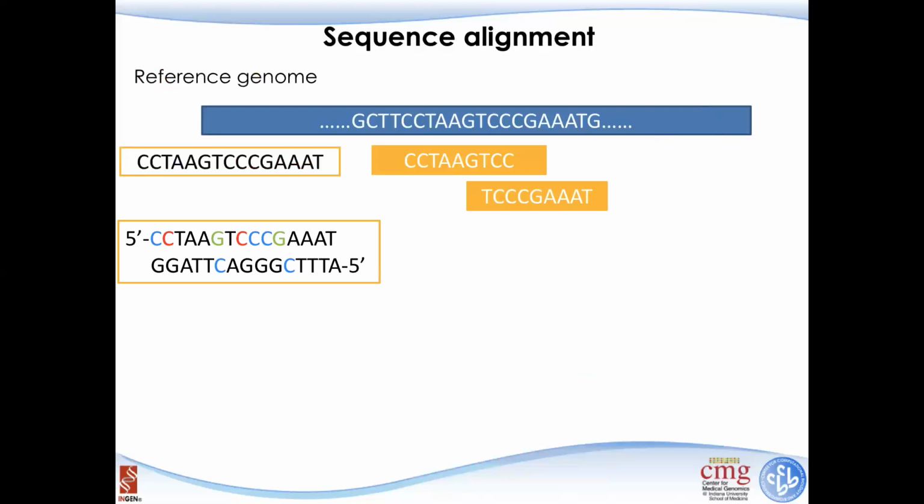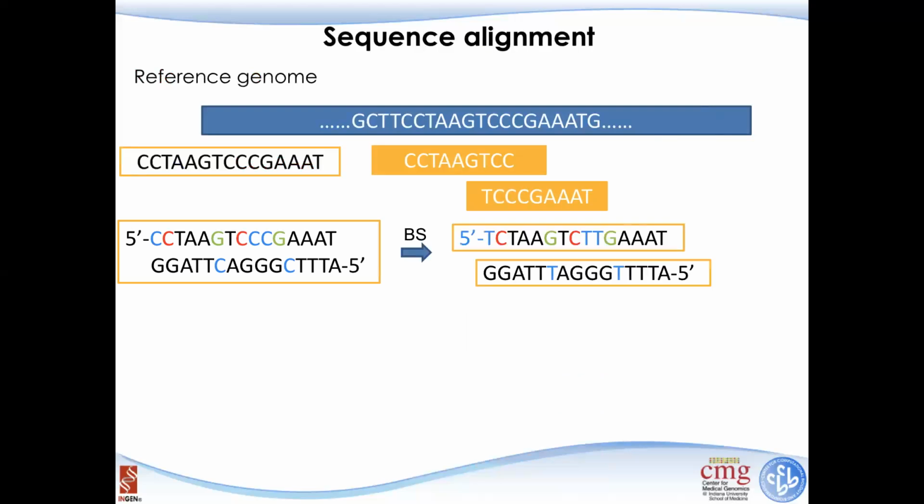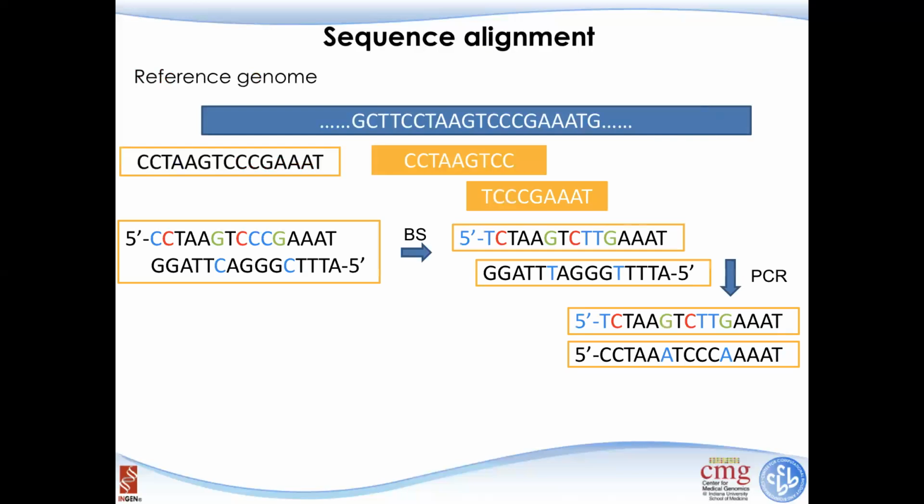When you do bisulfite sequencing, this C converts to T, and this C to T, but the methylated C stays. For the complementary strand, this C to T and this C to T too. After PCR, we may get sequences like this one, where I already converted them from 5' to 3'.